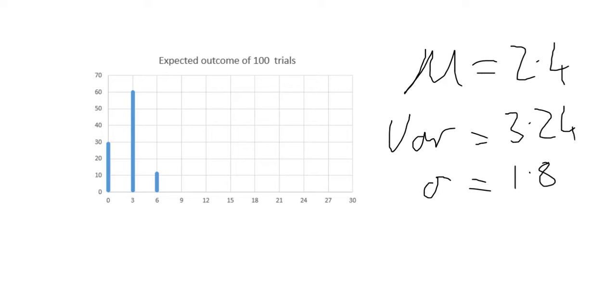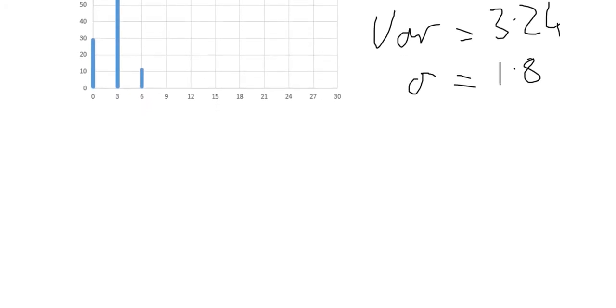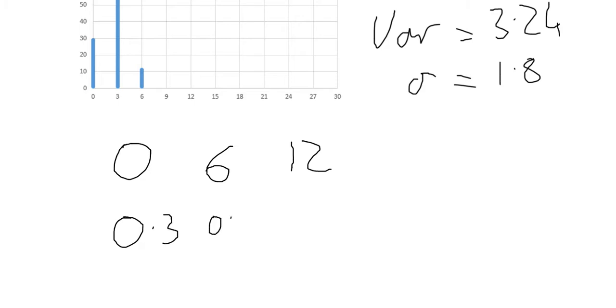Now, if we doubled everything, what we would expect to see is our probability tree would look like this. Our probability distribution table would look like this: 0, 6, and 12. And we would expect that to be 0.3, 0.6, and 0.1.